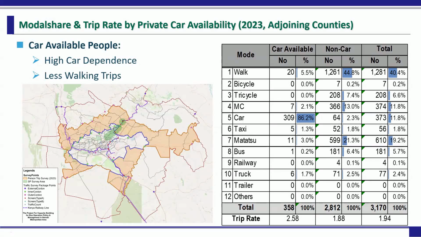However, you can see the trip ratio is also significantly different between the car available groups and non-car available groups. Among the people in, for example, so-called rural areas, non-car available groups have less opportunity to go out. This is reflected in the trip rates by the travelers.